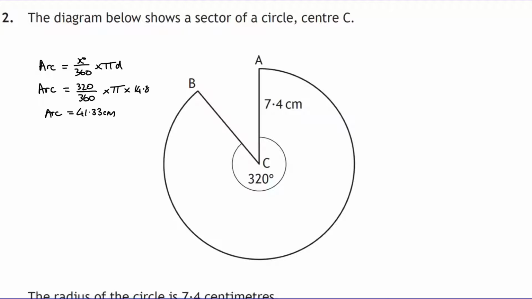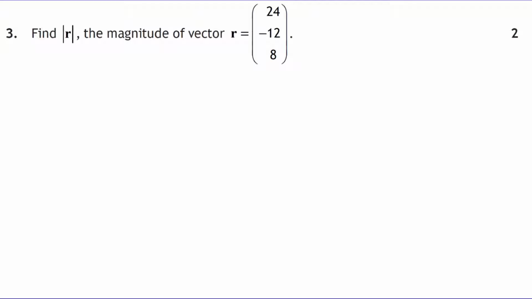Okay, question 3. Find the magnitude of r, given that r in component form is this. The magnitude of r will be the square root of the sum of the components squared. Make sure we put the negative number in a bracket when we're squaring.